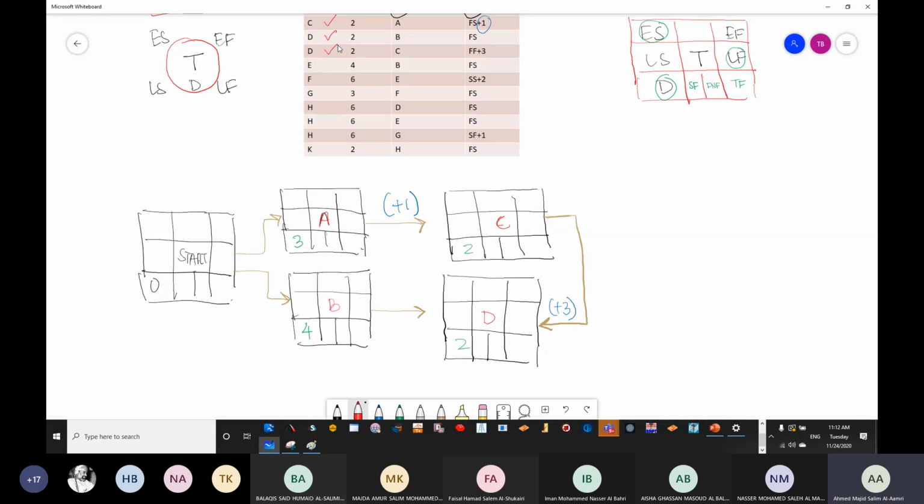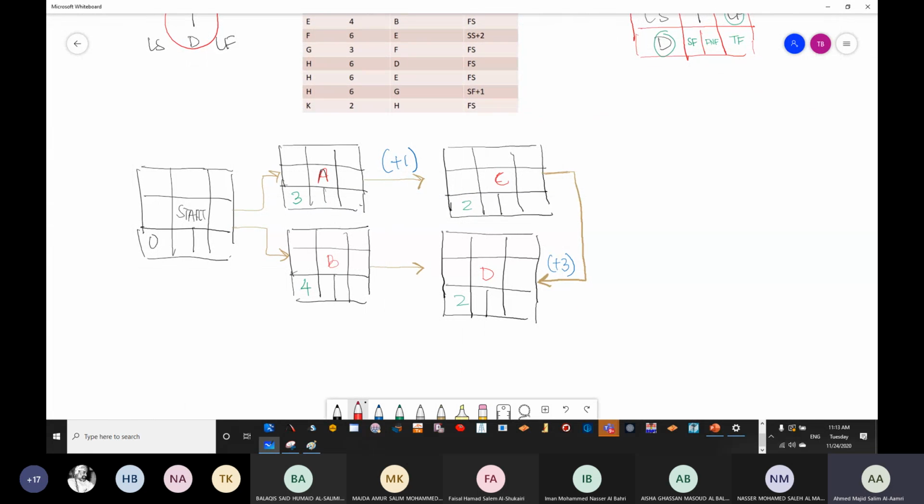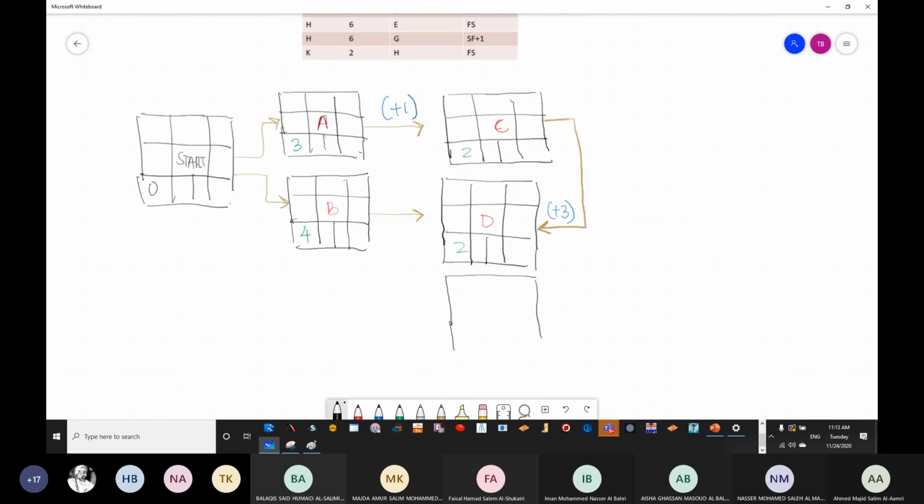Now going for E. What is the relationship? The relationship is finish B to start E. So I'll just draw E here.